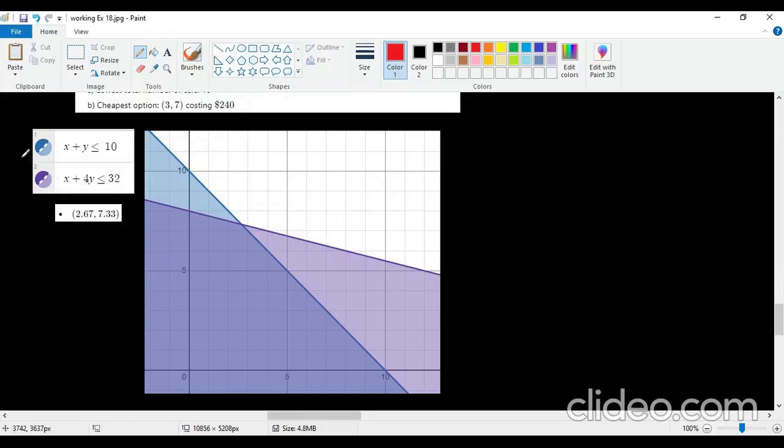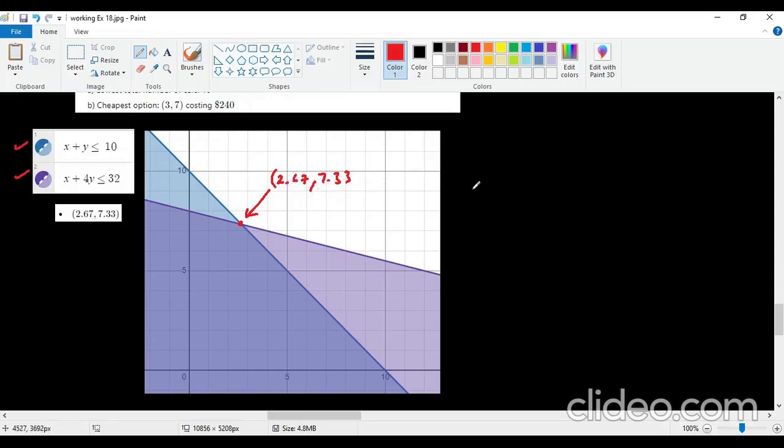Now, once these two constraints are kept in Desmos, we are going to get this point, which is 2.67 and 7.33. So this is the point, where x equals 2.67 and y equals 7.33.